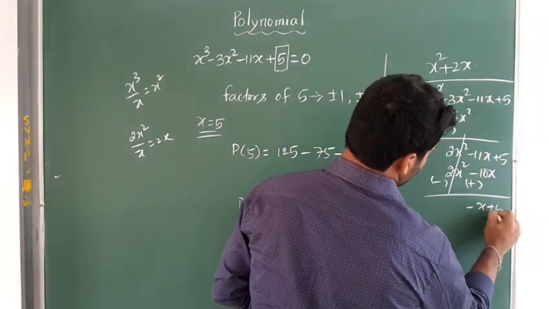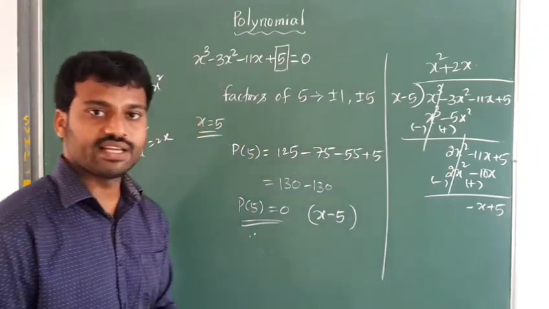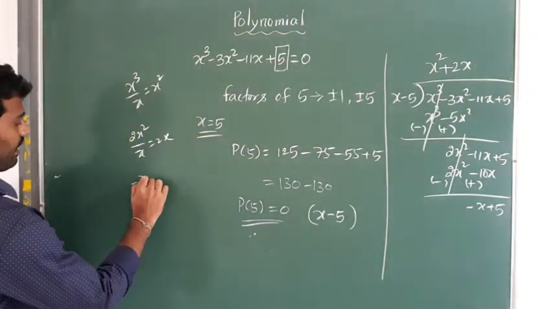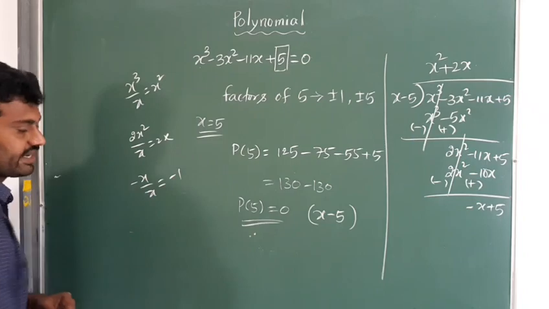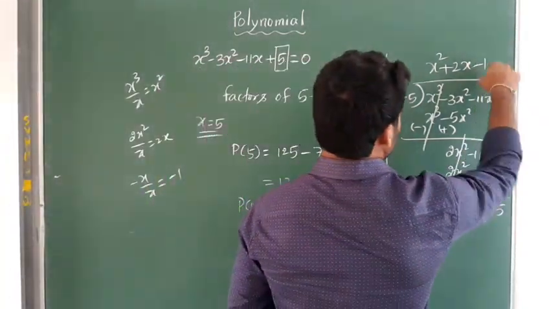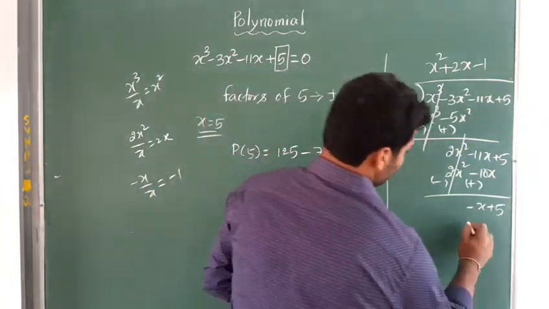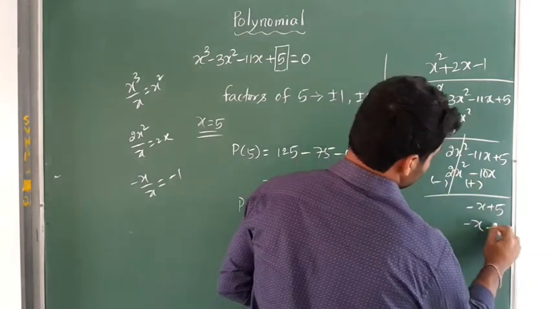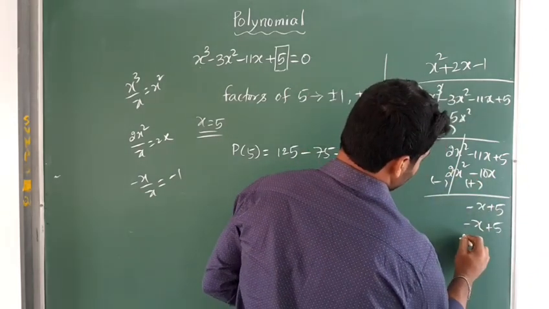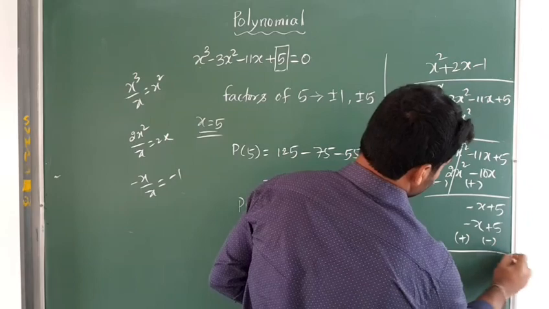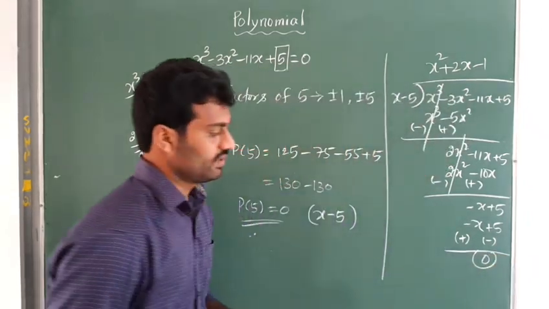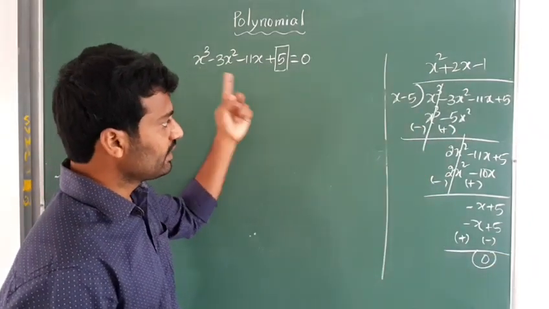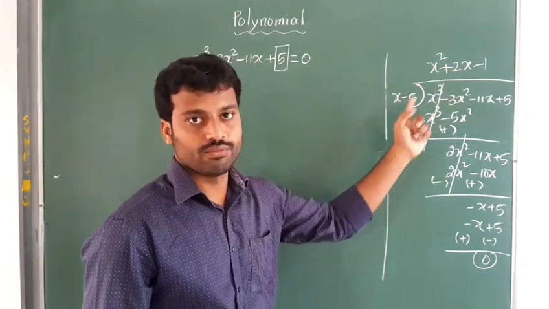Minus x plus 5. Again, minus x divided by x is minus 1, so we write minus 1 here. Minus x into minus 1 is plus 5. Change the signs, and we get 0.